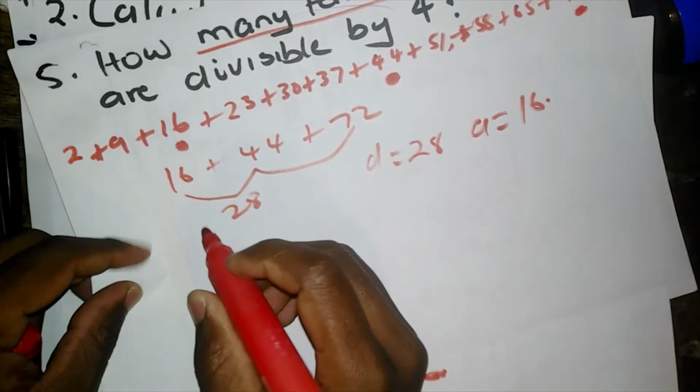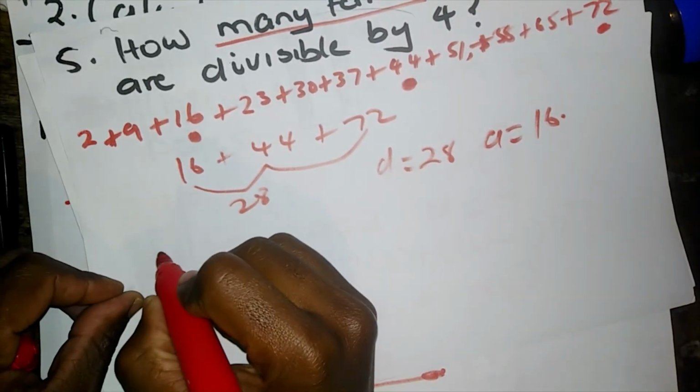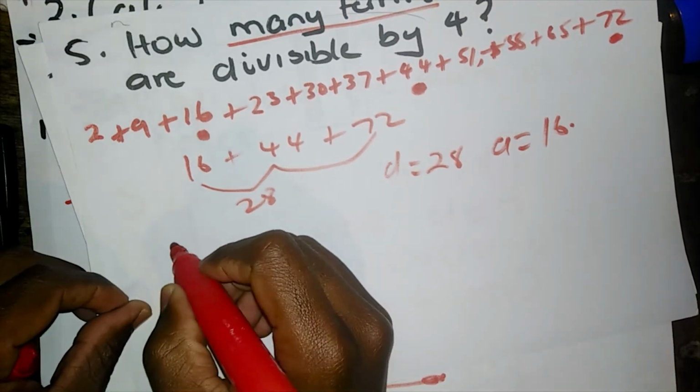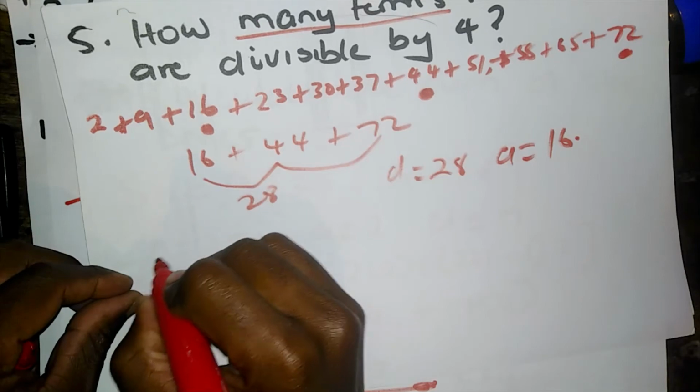Write down your formula. The formula which says Tn is equal to a plus n minus 1 times d.